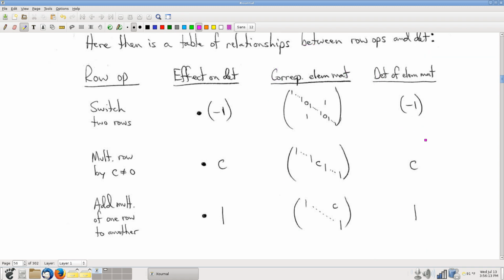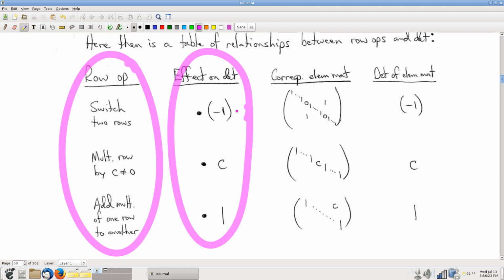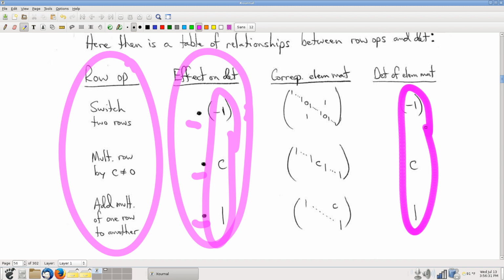So something really seemingly coincidental has happened, and that is when you do a row operation, the effect on the determinant is multiplication by the determinant of the corresponding elementary matrix.